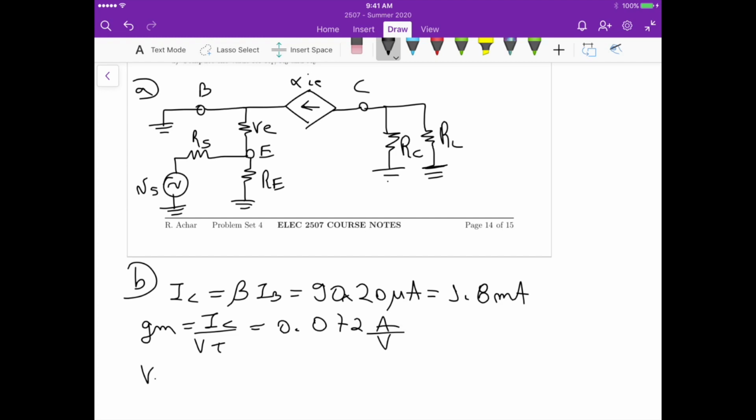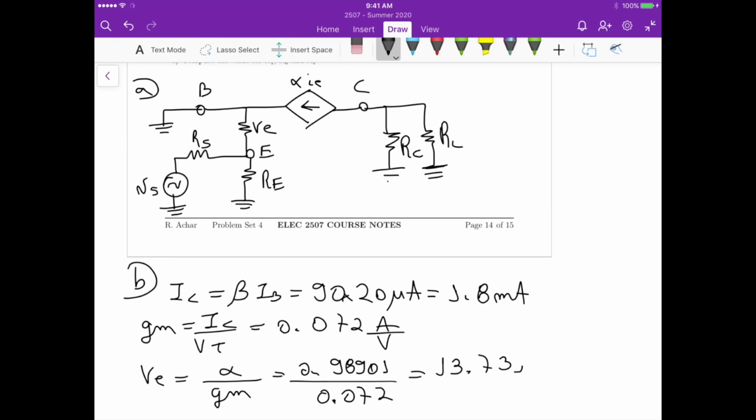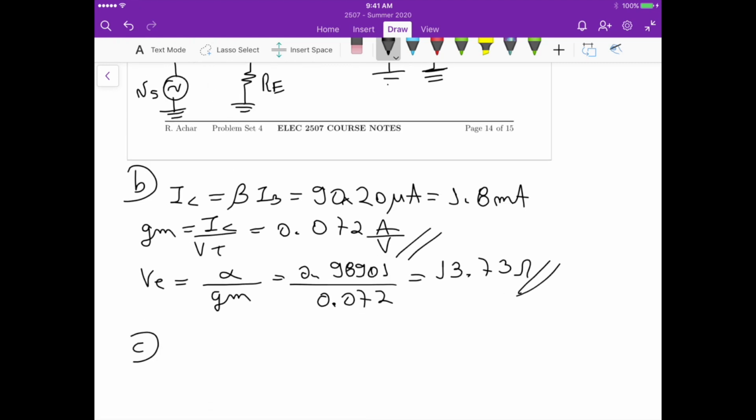And we can calculate the emitter resistance, which is alpha over gm, which is 0.98901 divided by 0.072. That's 13.73 ohms.